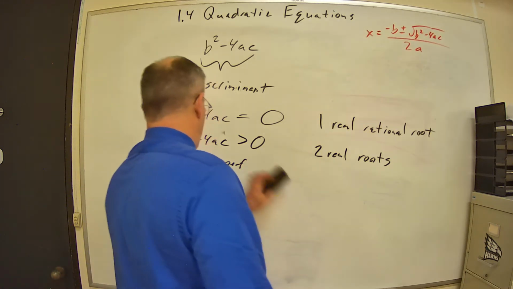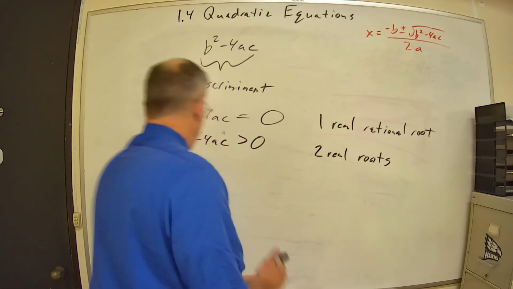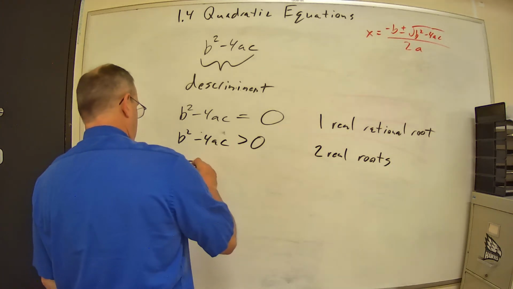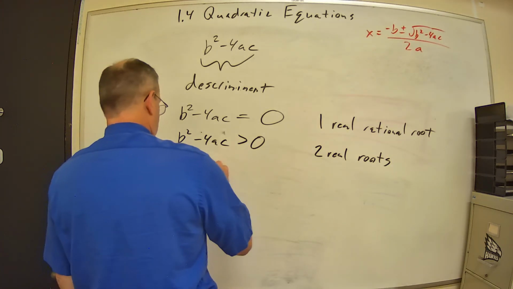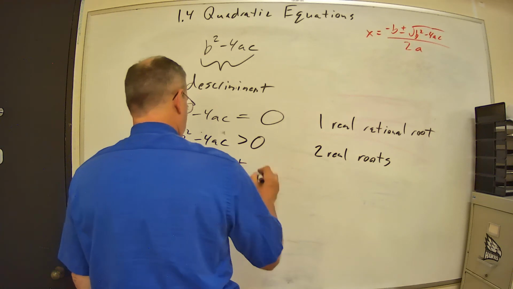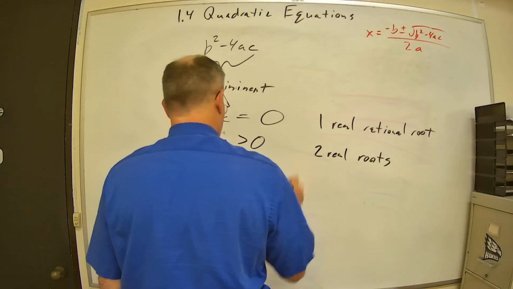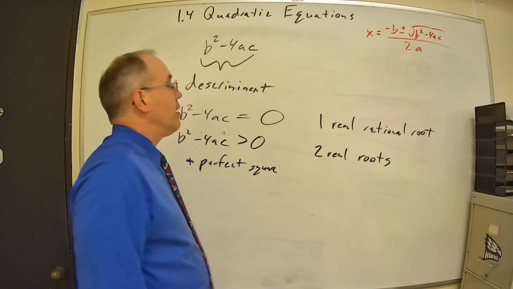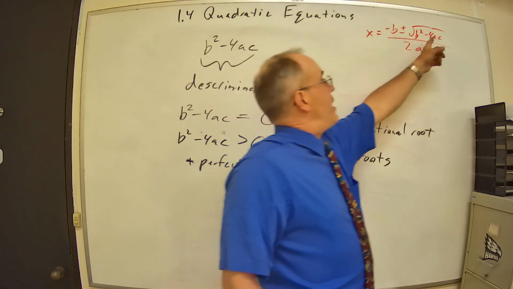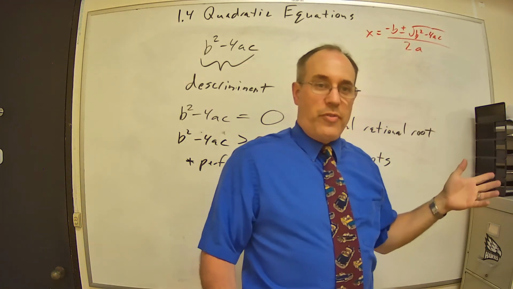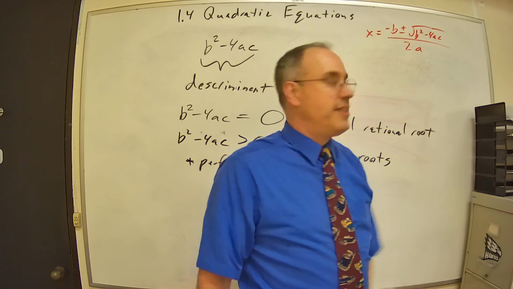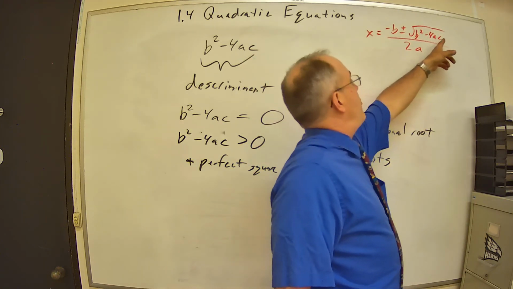Actually, let me just do a dash or an asterisk, right? If this is a perfect square, then for this radical, you take the square root of a perfect square and you're going to get an actual value, a real number.